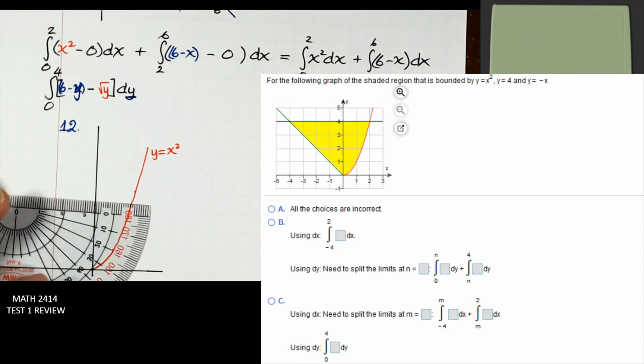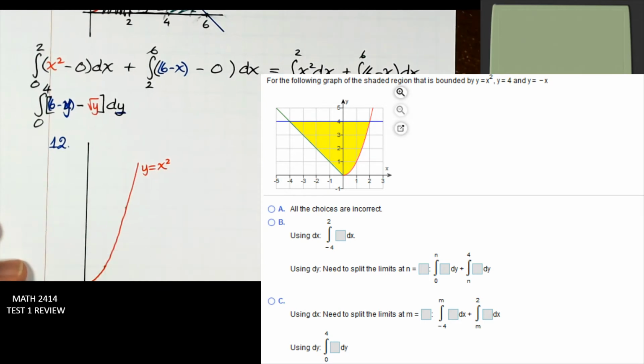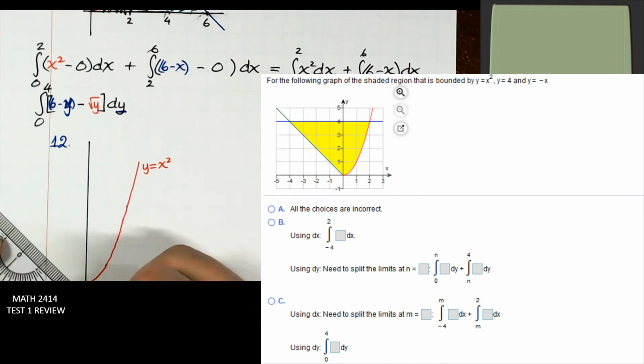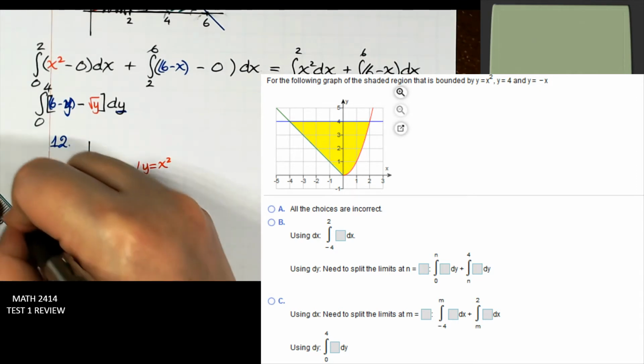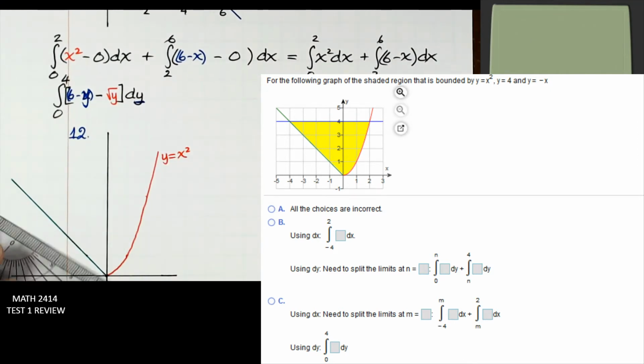The y equal to x squared actually has the other part too. What I'm trying to say is the graph is good, but the function x squared will have the other side as well, so it's not a very good problem.